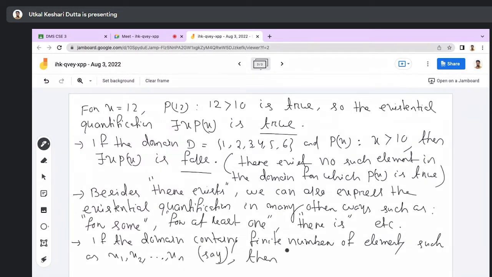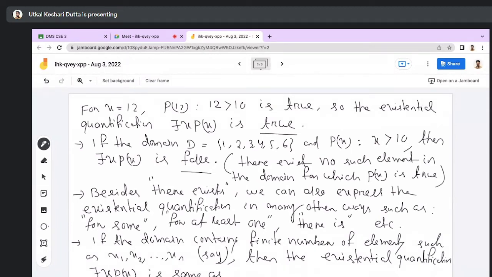Then the existential quantification, general notation there exists x P of x, where P of x is the predicate, is the same as what? Same means equivalent. Equivalent to?